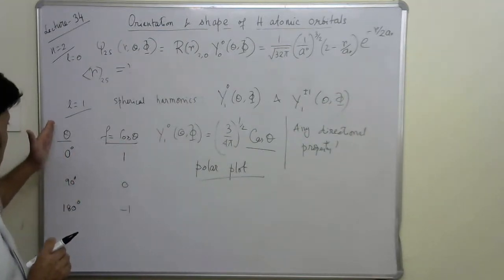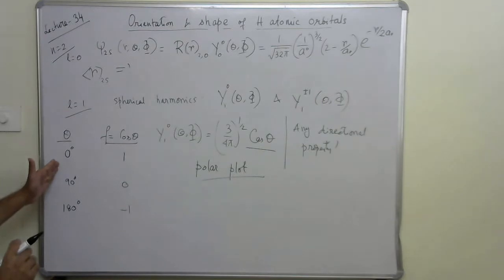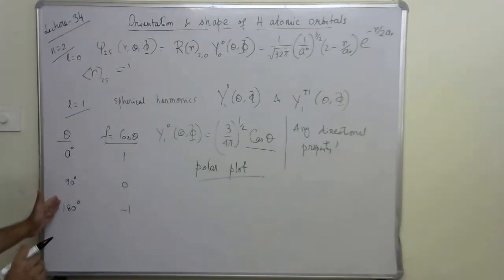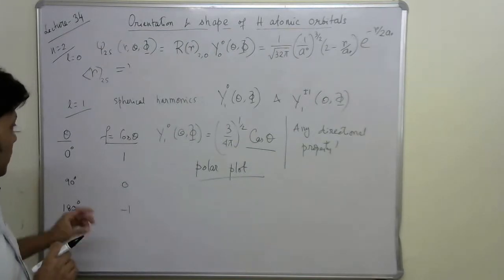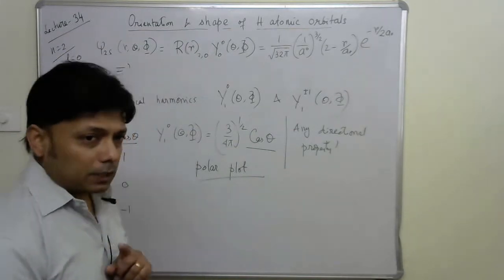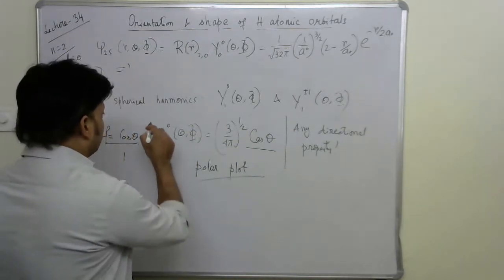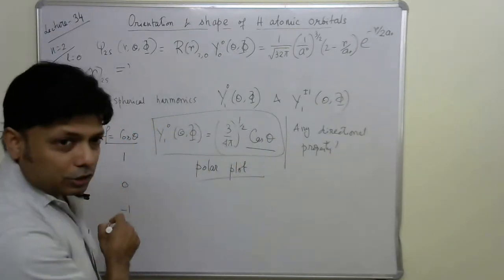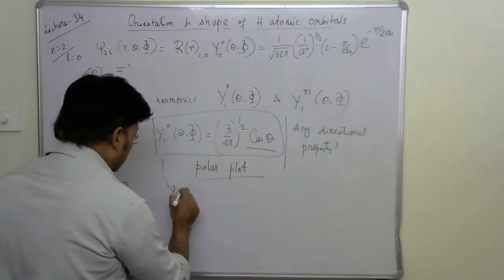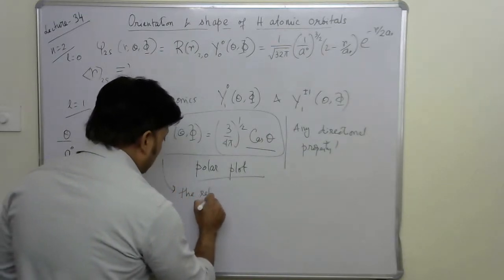Looking at the values of cos theta going like this, 0, 90 degrees and 180, cos theta goes 1, 0, -1. The direct correlation tells me about the orbital we are going to get from this wave function. We can write the represented orbital.